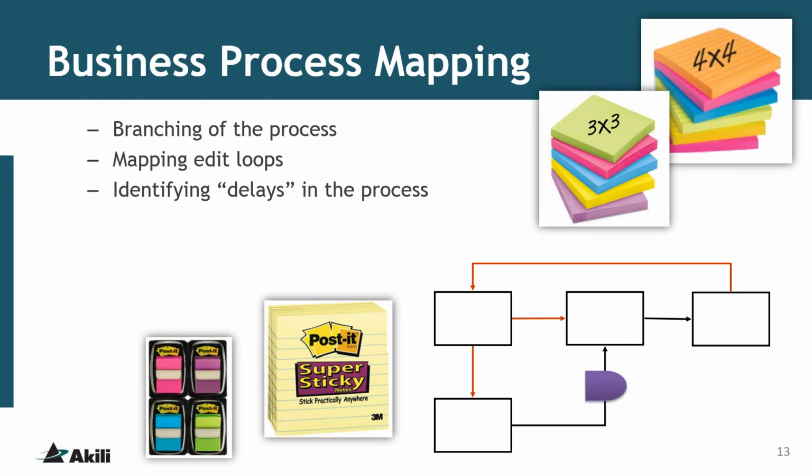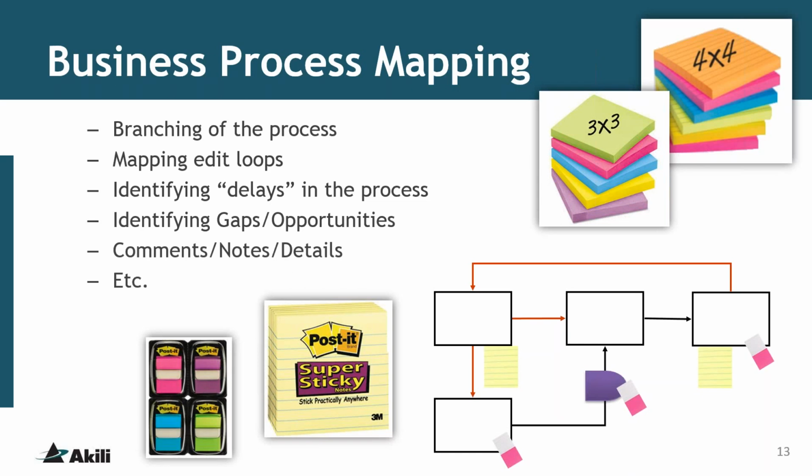And we also want to identify anywhere we find gaps in performance and then opportunities for making improvements. These gaps and opportunities are also captured on flip charts so we can catalog them for research and discussion later on in the analysis phase.